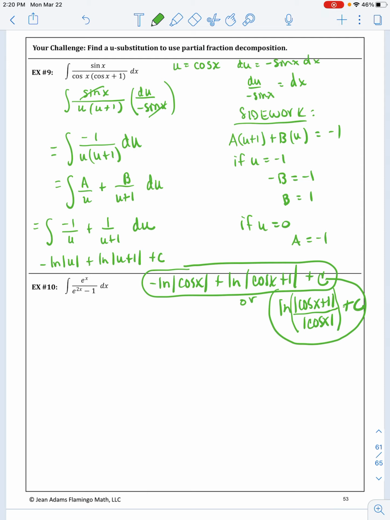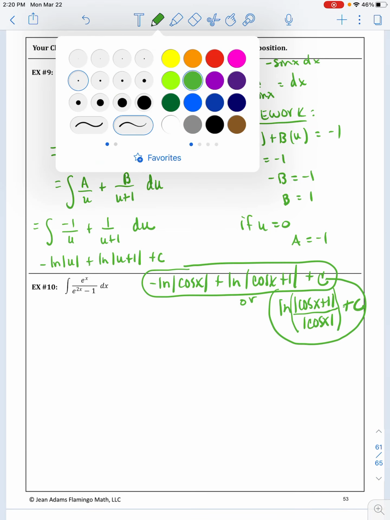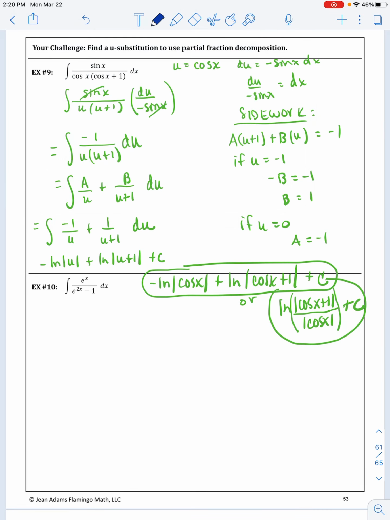And then on example number 10, again, looking for u substitution, and I'll do this in a different color. Do it in navy. If I let my u be e to the x, this would become u over, now think about this. This would be u squared minus 1, because that would be e to the x squared.